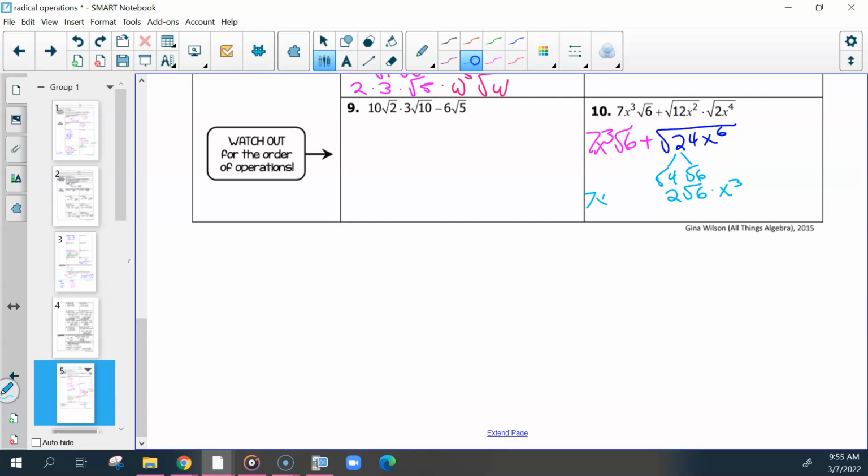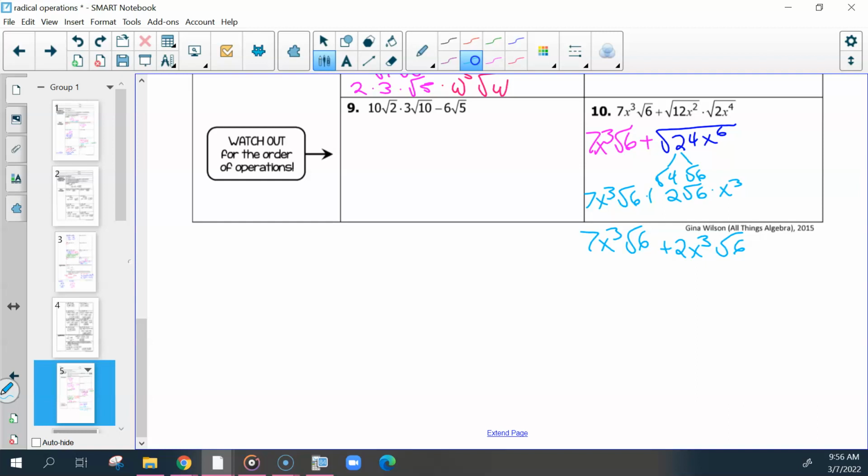I'm going to bring this down. So we have 2x to the third times the square root of 6 plus the original 7x to the third times the square root of 6. The last thing with this, these both share the same radicand, yes.